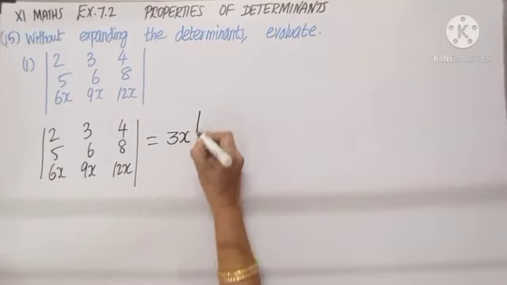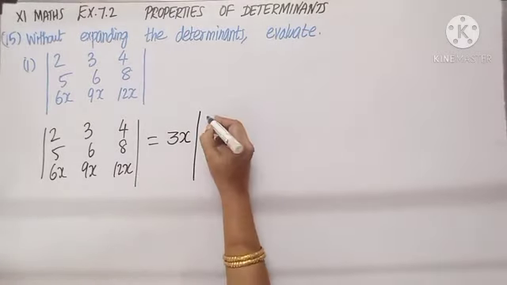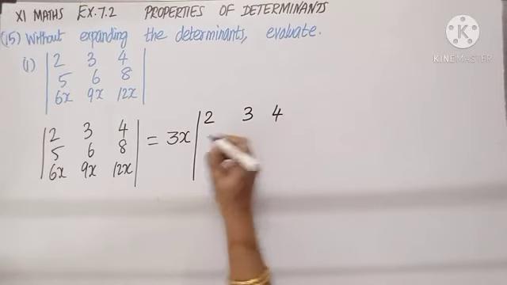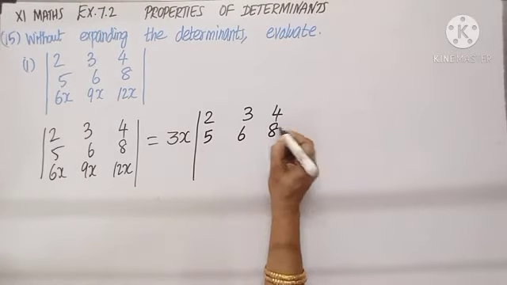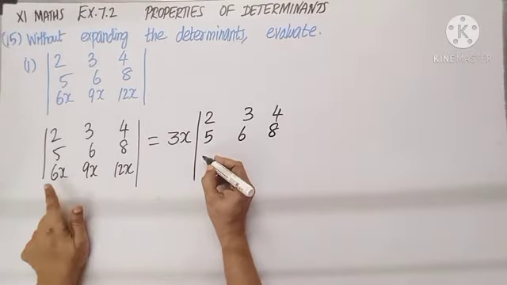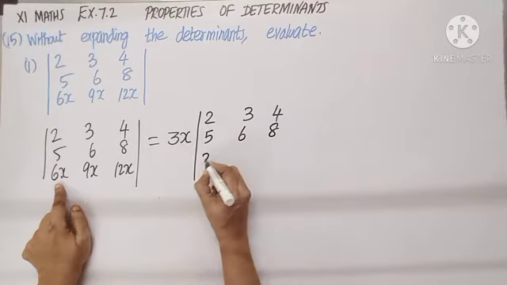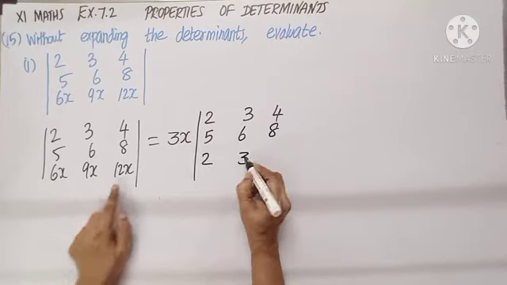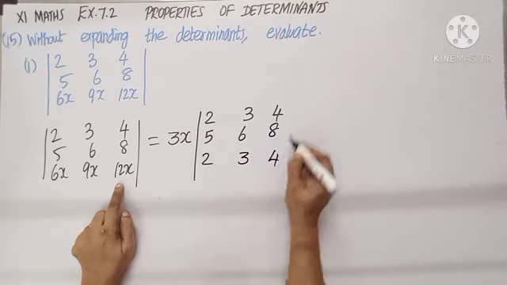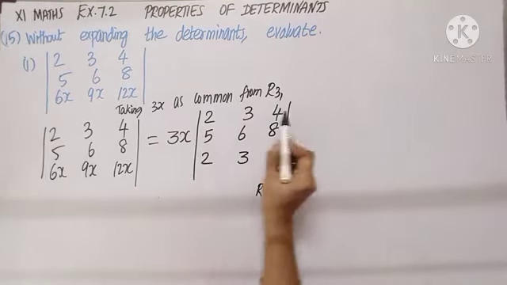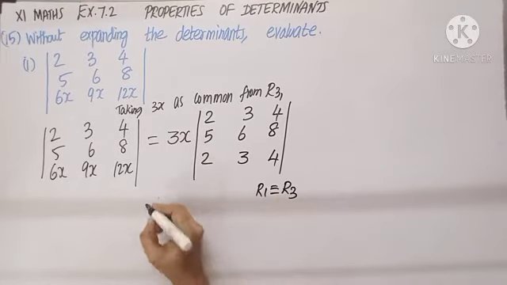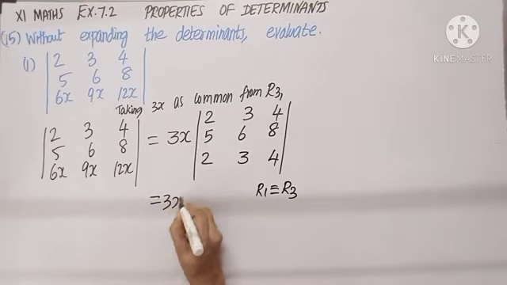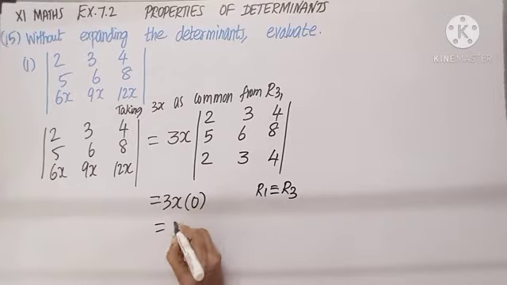So taking 3x from third row, I am left with first row as it is, second row as it is, third row 6x, I am taking 3x, so it is 2. From 9x, if I remove 3x, it is 3. 12x by 3x, it is 4. Row 1 and row 3 are identical. So we get 3x into 0 and the answer is 0.